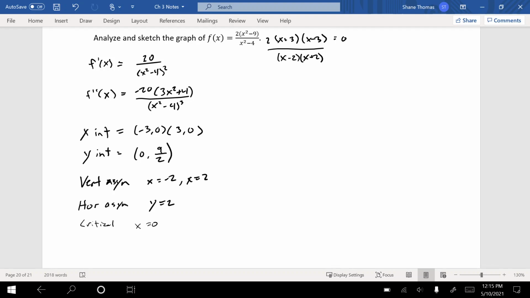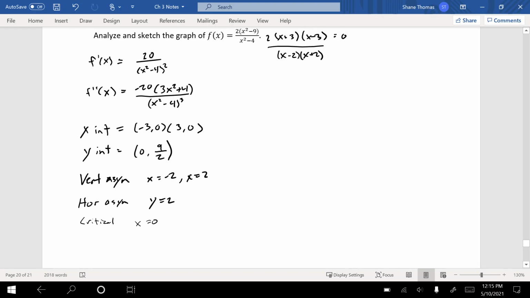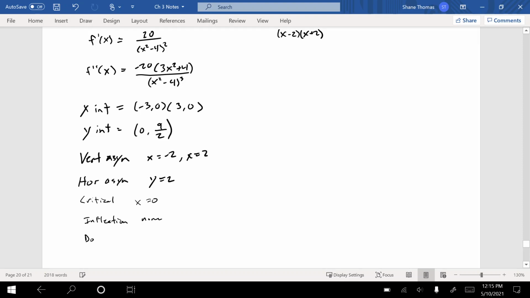Okay, run through second derivative test. We have no inflection points. Okay, the domain, just check the domain to be all real, except for the two numbers we can't have. X cannot be plus or minus 2.